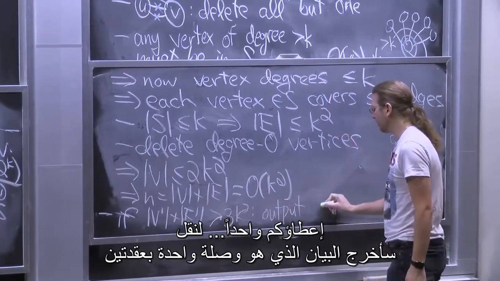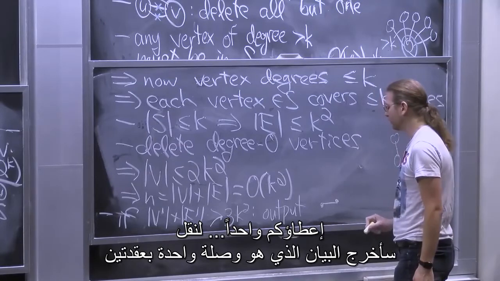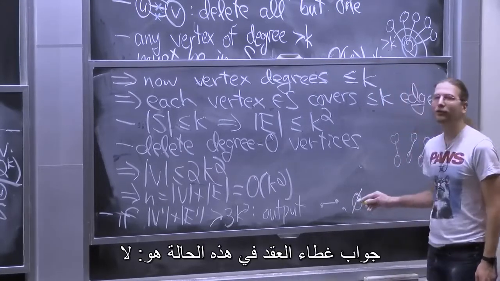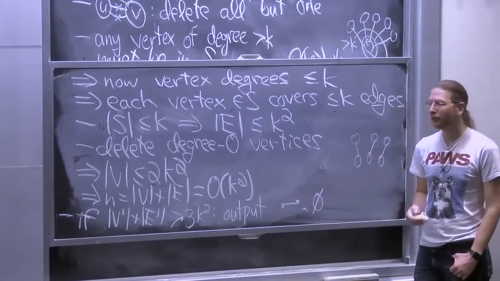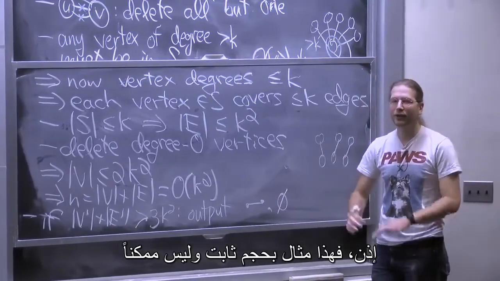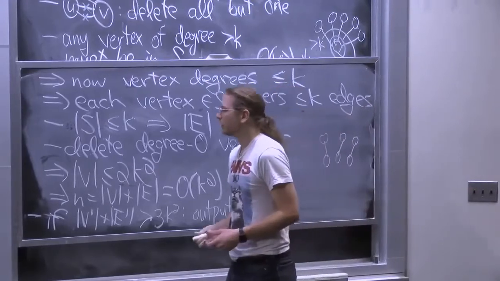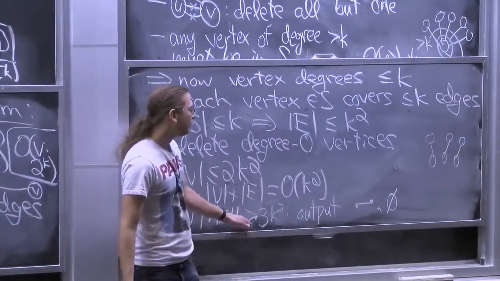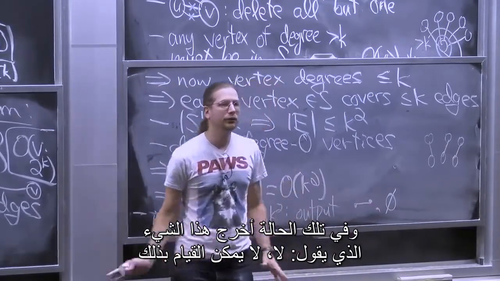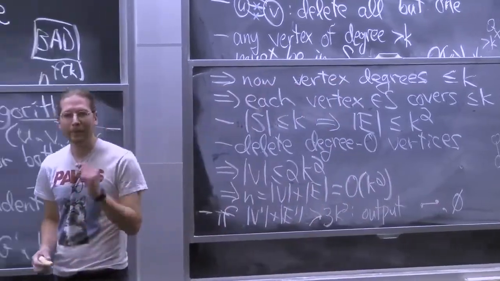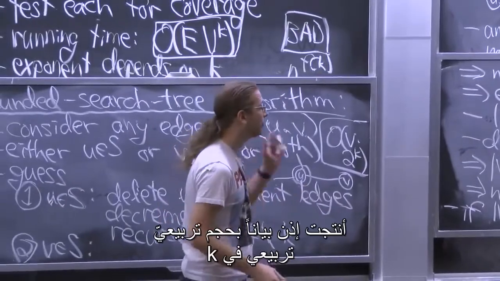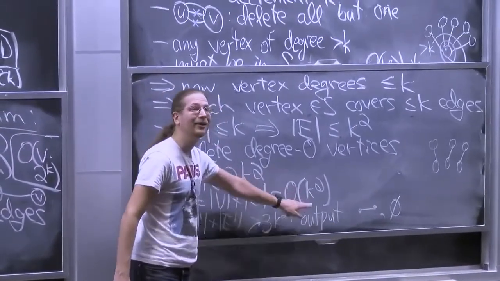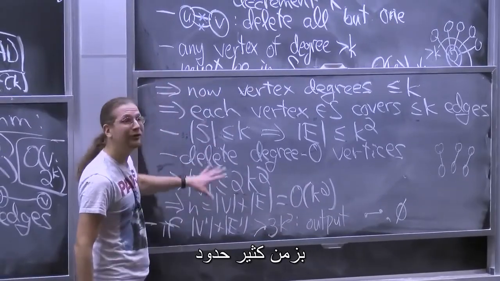Let's say I'm going to output the graph which is a single edge with 2 vertices, and k equals 0. The answer to vertex cover in this instance is no. So this is an example of a constant size no representative. So either I get something that's small and I output that, or it's big, in which case I output this thing, just to say, nope, can't be done. That's kernelization. So I've produced a quadratic size graph, quadratic in k, in polynomial time.